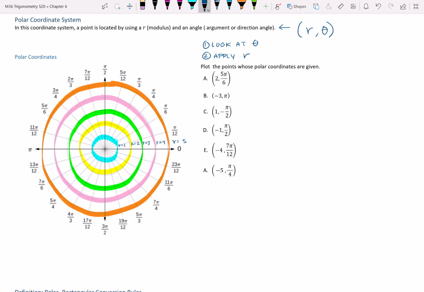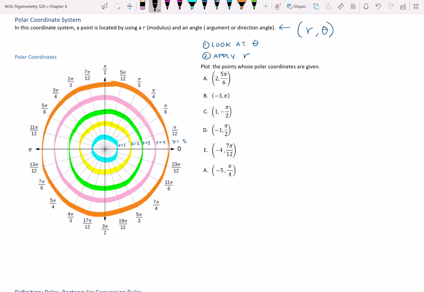Okay, so let's plot the first point here. The first point says 2 comma 5 pi over 6. And like I said, look at theta first and then apply R. I'm going to do the first one in black because I have a lot of color going on. So theta here is 5 pi over 6, so I'm going to look for 5 pi over 6 on my coordinate system. 5 pi over 6 is in quadrant 2.